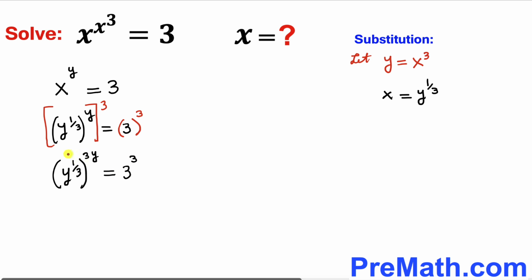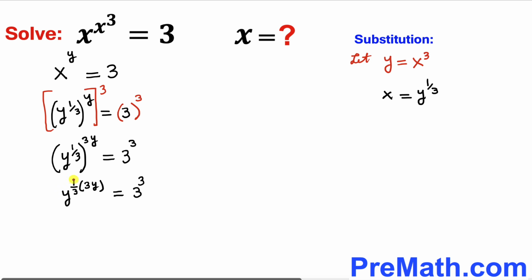Now let's focus on this left hand side of this equation once again. We have these two nested exponents, 1/3 and 3 times y, and we are going to multiply them out. So this could be written as y power 1 divided by 3 times 3y equals, I'm going to leave the right hand side as it is, 3 power 3.